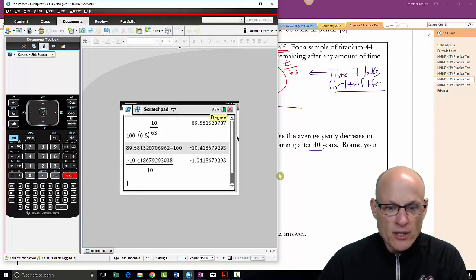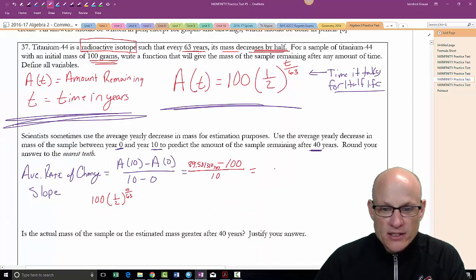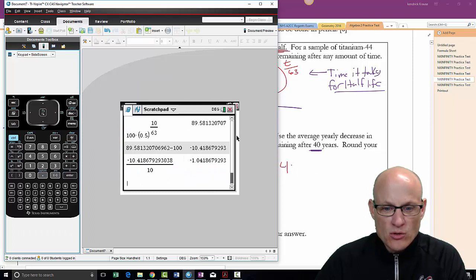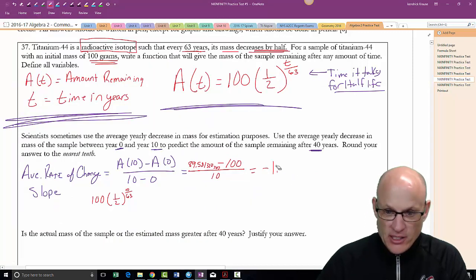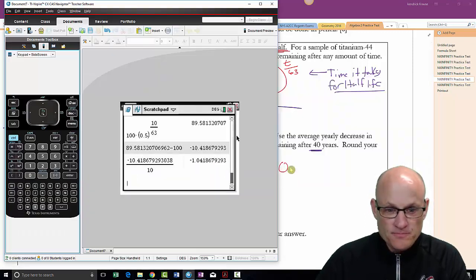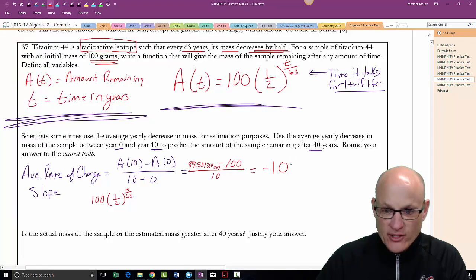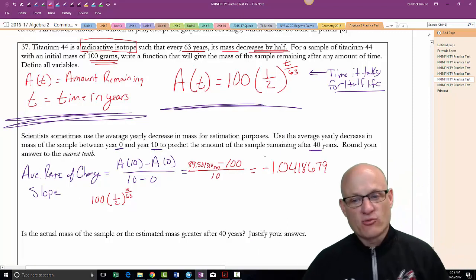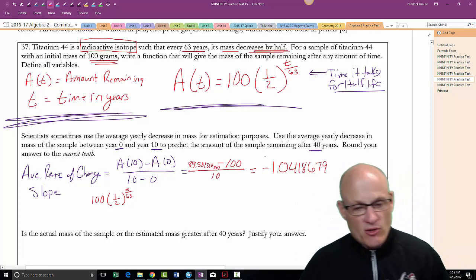And we get negative 1.04186 79. So this is the average rate of change from 0 to 10 years.